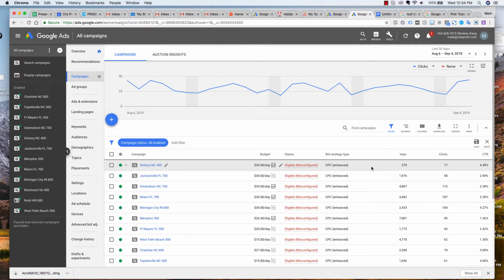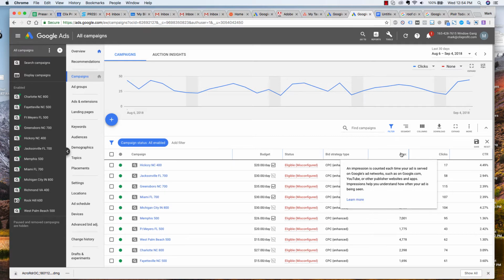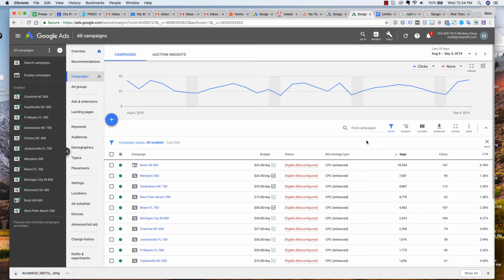Next, let's click on this impression button to sort by the campaign that has the most impressions. Perfect. As you can see, this campaign has 18,000 impressions in the past 30 days. It's got 147 clicks and under a 1% click-through rate.